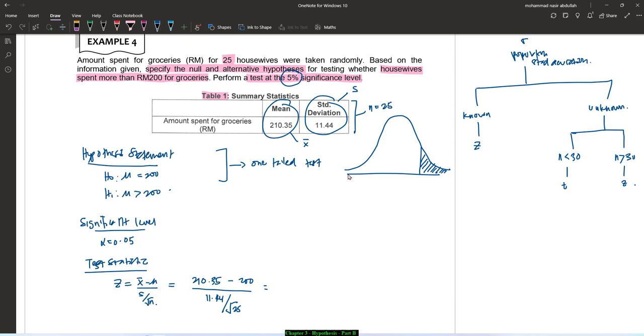In this case, we're going to use T distribution, right? The formula for T is the same as for Z distribution: T equal to x bar minus mu over s over square root of n. Z for this one is also the same. The same thing, but they give us a different value, because T requires additional information such as standard deviation.